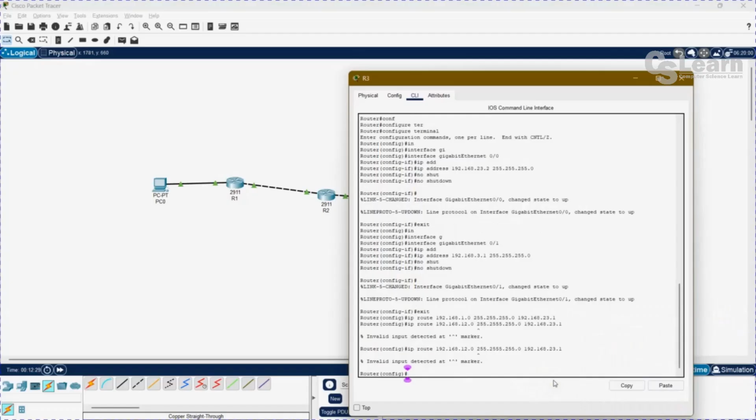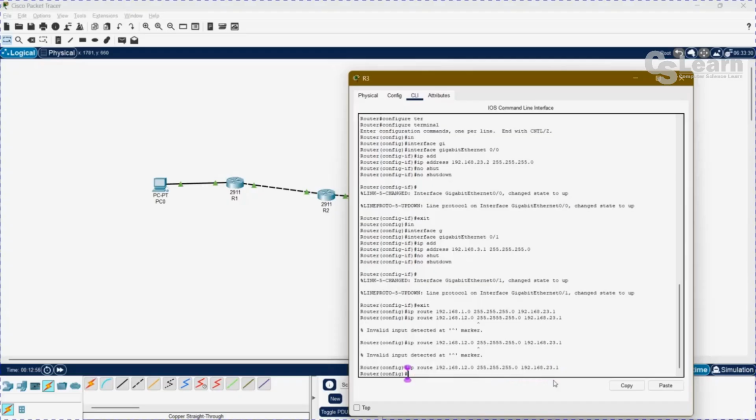What the mistake is: 192.168.12.0, right, .1, right. Okay.